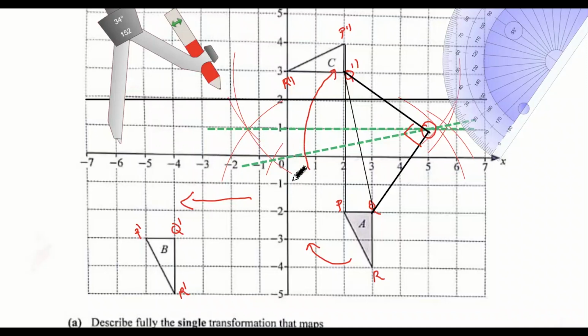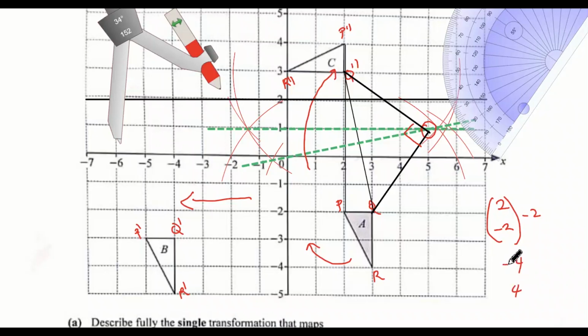So let's count for P. From the origin, let's count to point P. You have 1, 2, that is x equals 2. Then you count from there 1, 2, so y equals -2. If we multiply by the scale factor, which is -2, we are going to have -4 and 4.